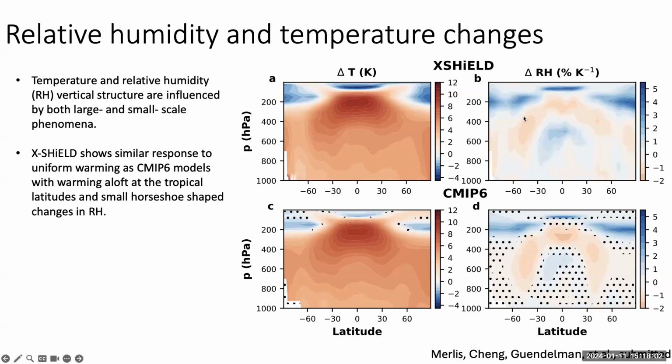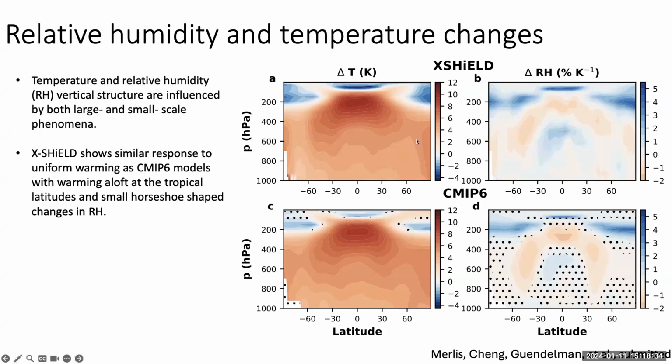But when we look at this, this is the 2-year mean XShield run. This is the AMIP multi-model mean, which is just about 11 models, so it's not a lot of models. But basically, what we can see is if we look at the vertical changes around the tropics, which are mostly relevant when we think about deep convection, the changes are very similar, just by eye.